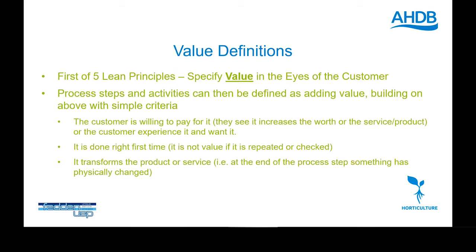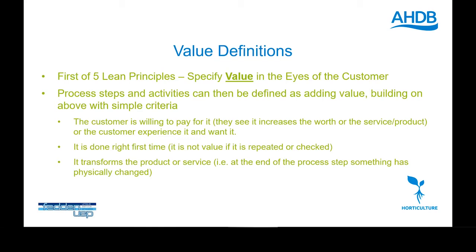So, value definition. I'm just going to take a bit of time to talk about value in the first instance. You'll remember the first of the 5 lean principles was specifying value in the eyes of the customer. So being really clear about what it is that you're doing that adds value to the customer. What we find is that process steps and activities can be defined as adding value if they meet some simple criteria.